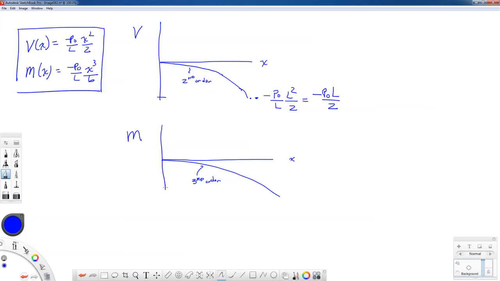But the value over here on the right hand side is minus P naught over L times L cubed over 6, which is going to be minus P naught L squared over 6. Let's take a look at our free body diagram and see how that relates to the reactions of our beam.